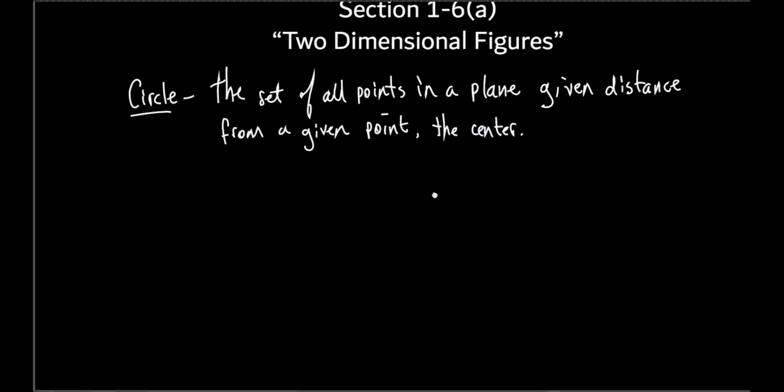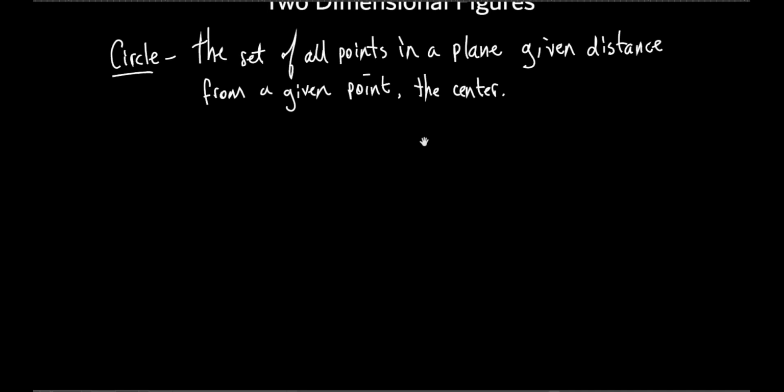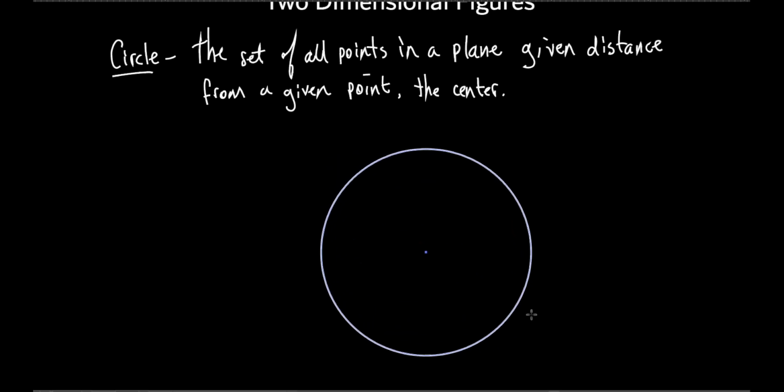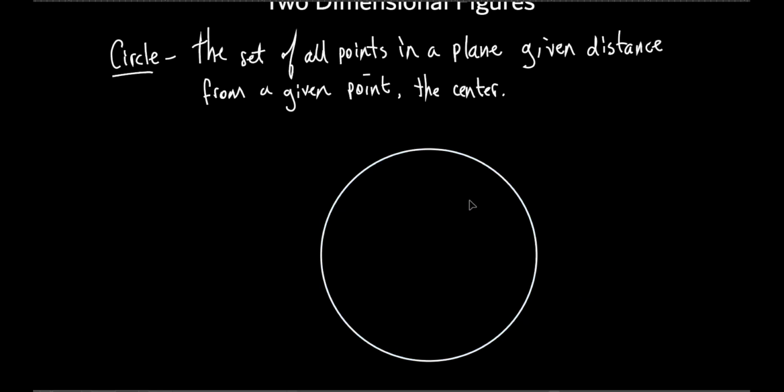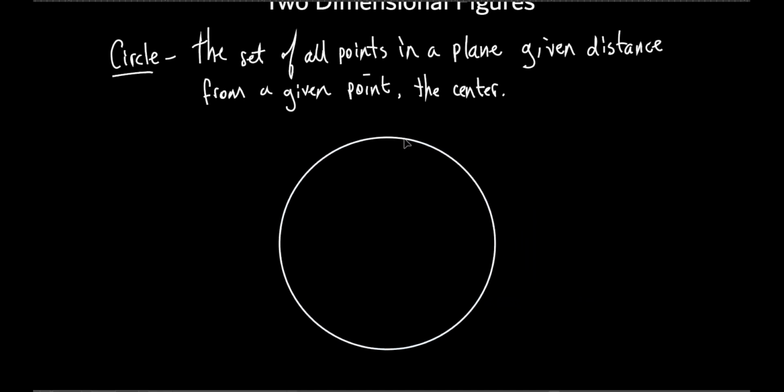All right, let me talk about that. I'm going to draw a circle. There's a circle. So it says, the set of all points in a plane, a given distance from a given point, and that given point is the center. So it means it's going to be the same distance.